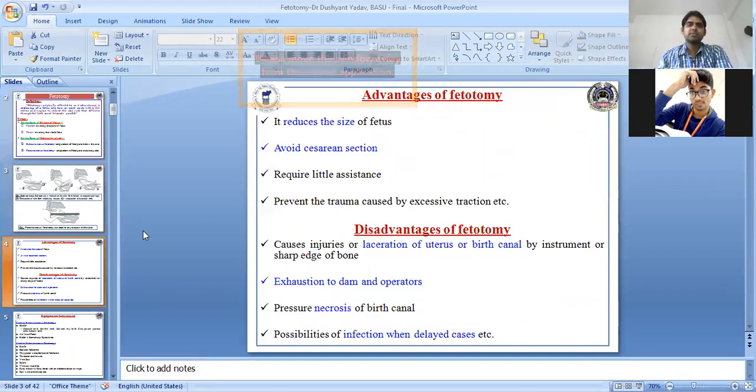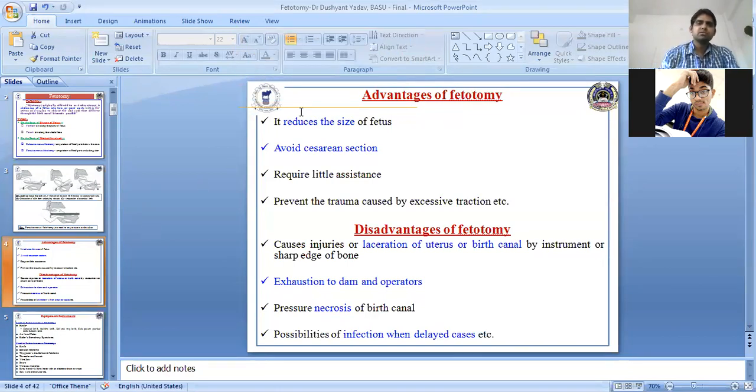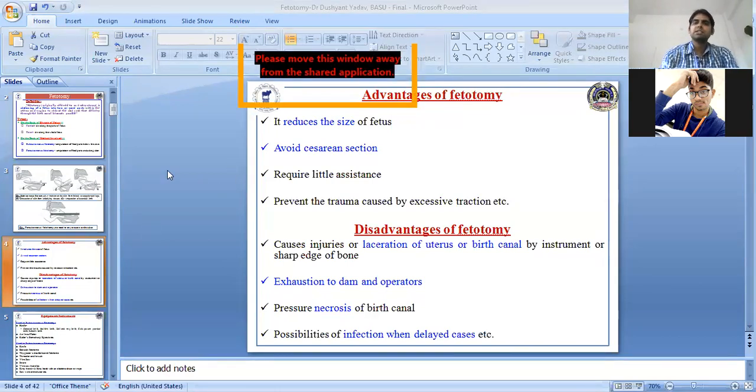What is the advantage of fetotomy? It reduces the size of the fetus, and as I said, it avoids the cesarean section and requires very little assistance. In cesarean section, so many clinicians and other assistants are required.